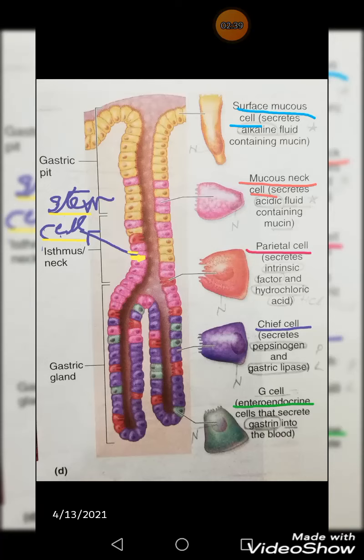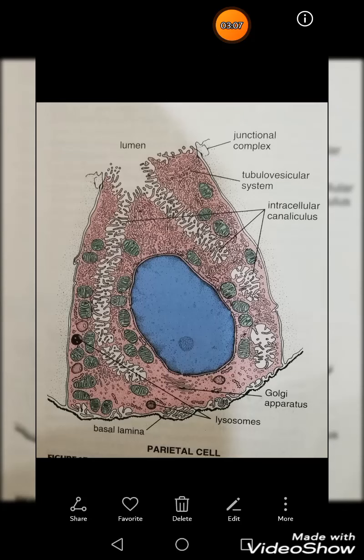And due to the presence of these cells we identify the slide, because they are very prominent, bulging towards the lamina propria. Now we have to discuss its salient features, which are very important. We can see that it has a centrally located rounded nucleus, and other cellular organelles we will discuss in the other picture.